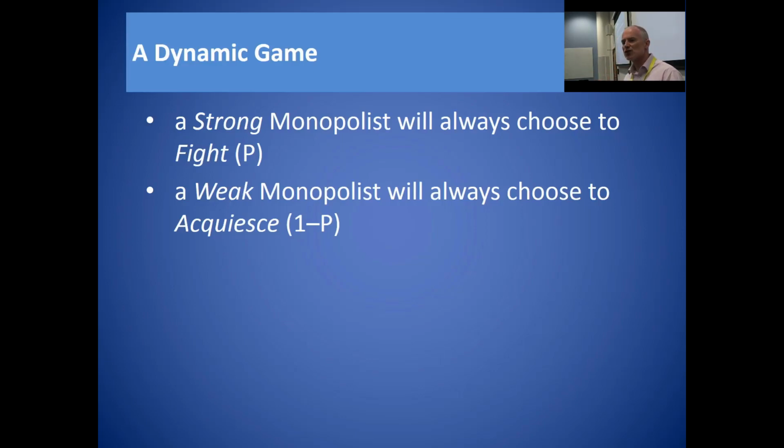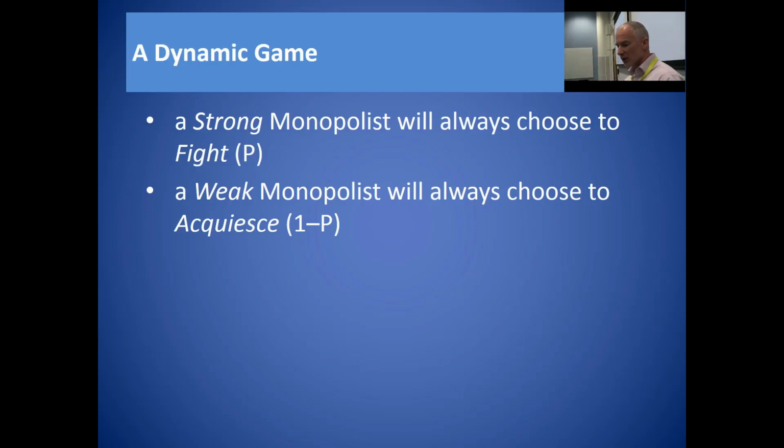So if the monopolist is strong, what did we say would happen? If the monopolist is strong, it will always choose to fight market entry. So if market entry does occur, we know with a probability P that the monopolist will choose to fight. With sunk costs, that was the optimal strategy.